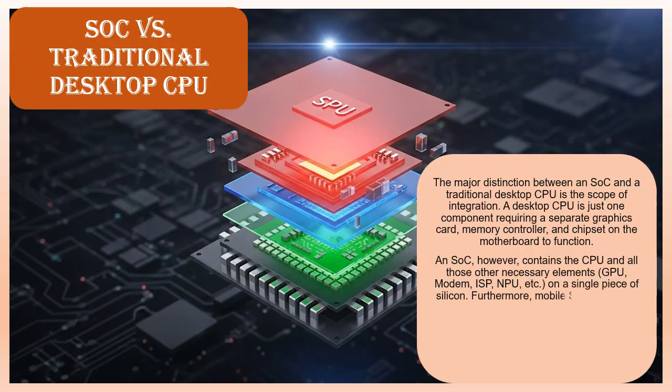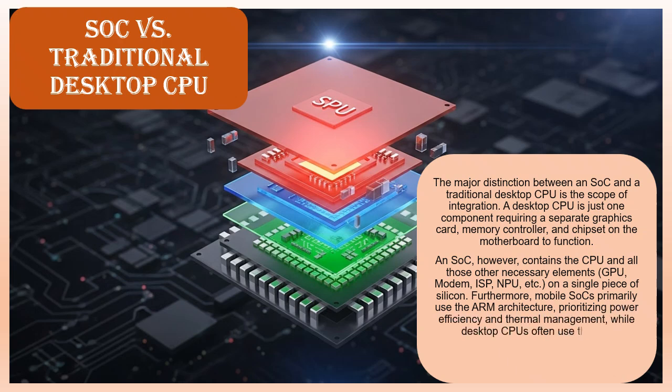An SoC, however, contains the CPU and all those other necessary elements, GPU, modem, ISP, NPU, etc., on a single piece of silicon. Furthermore, mobile SoCs primarily use the ARM architecture, prioritizing power efficiency and thermal management, while desktop CPUs often use the x86 architecture, which historically prioritizes raw performance.